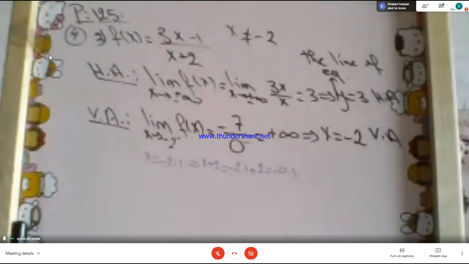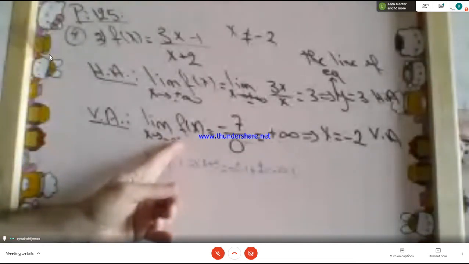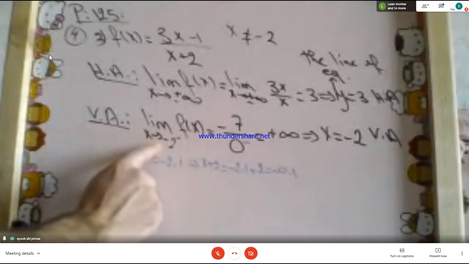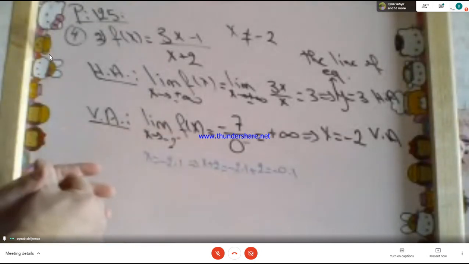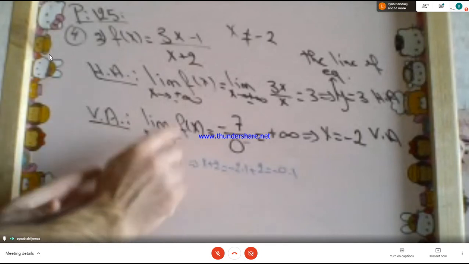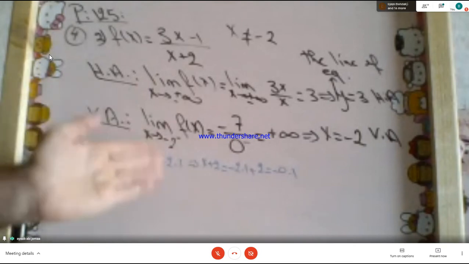Sir, how do I get used to the signs? Okay. I said find limit as x approaches negative 2 minus or negative 2 plus, one of them. Here we chose negative 2 minus.